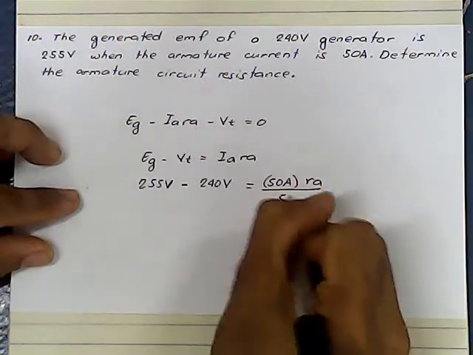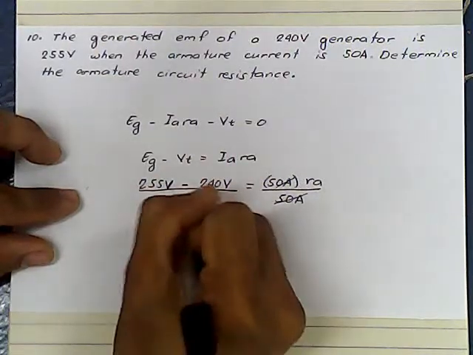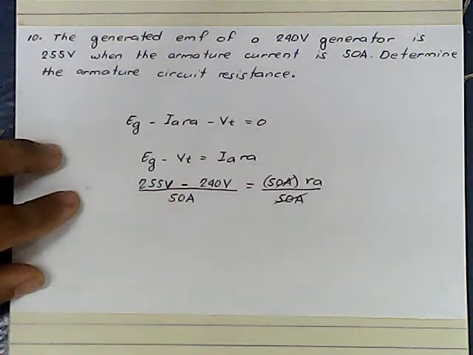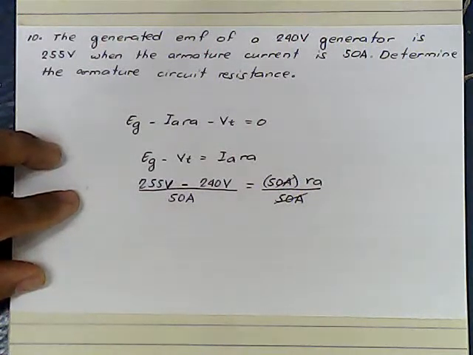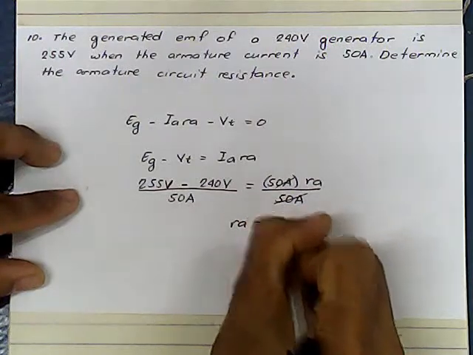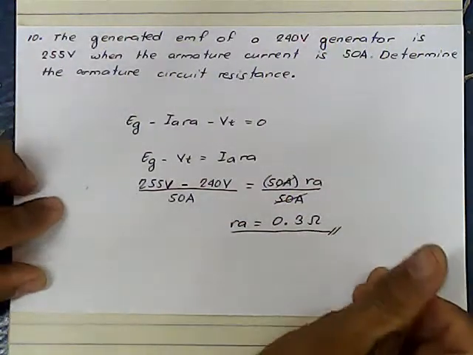Again, divide both sides by 50 amperes. Cancel out na po yan. Now, this is 255 minus 240. That will give us 15. Divide that by 50 amperes. RA is 0.3 ohms. So, yan po yung ating sagot.